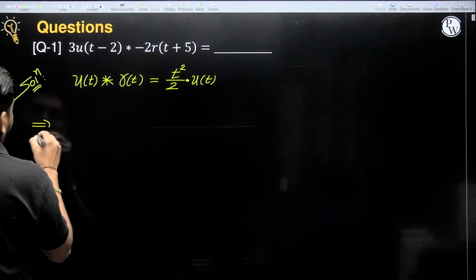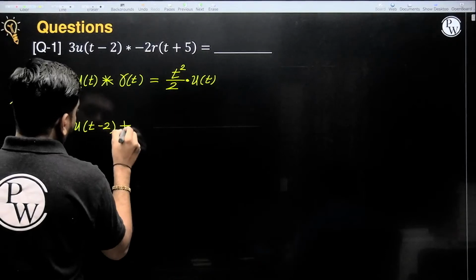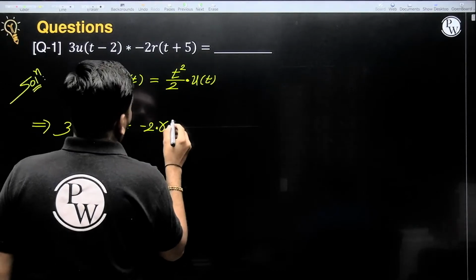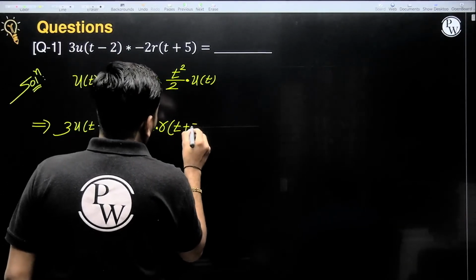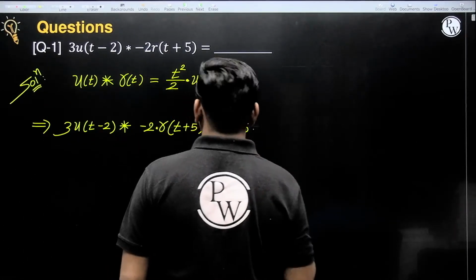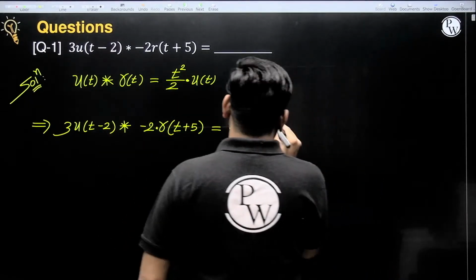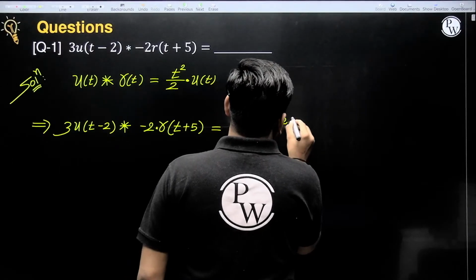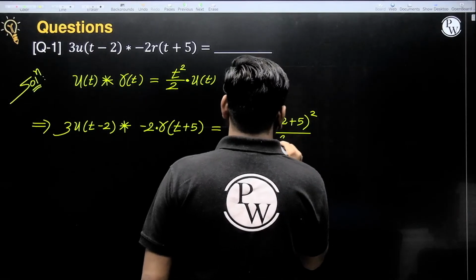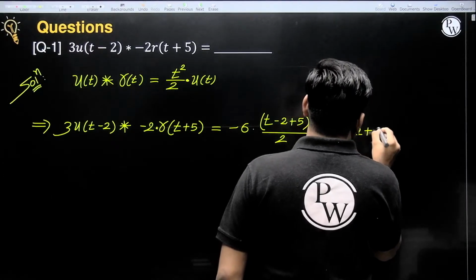Now here apply shifting property and linearity property. 3 u of t minus 2 convolution with minus 2 r of t plus 5. So 3 into minus 2 is nothing but minus 6, here t square by 2. Now t becomes t minus 2 and t plus 5. So it is t minus 2 plus 5, whole square divided by 2, into u of t minus 2 plus 5.